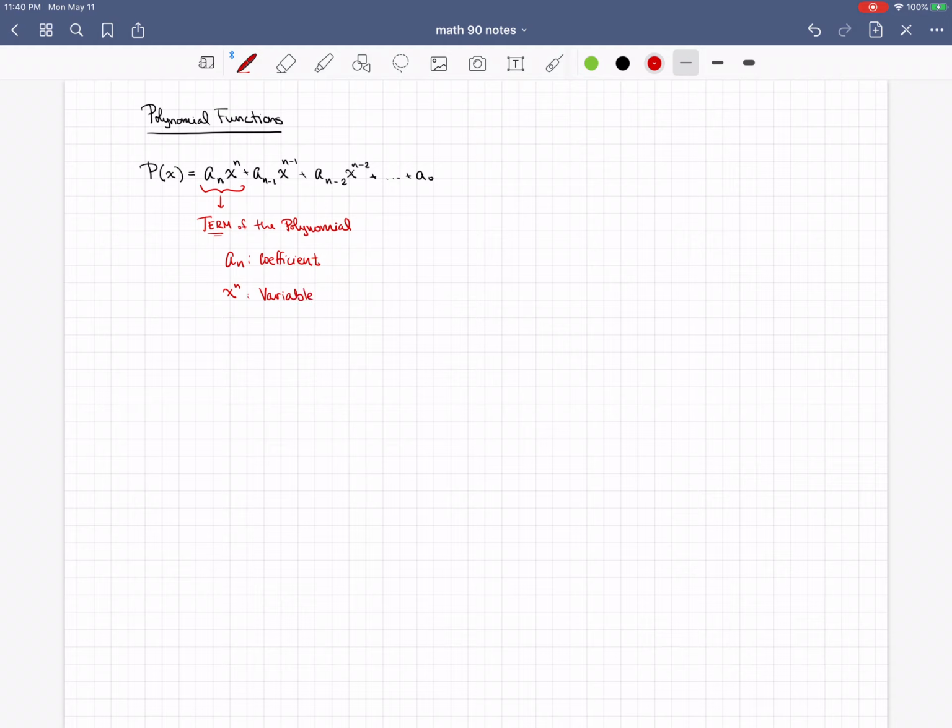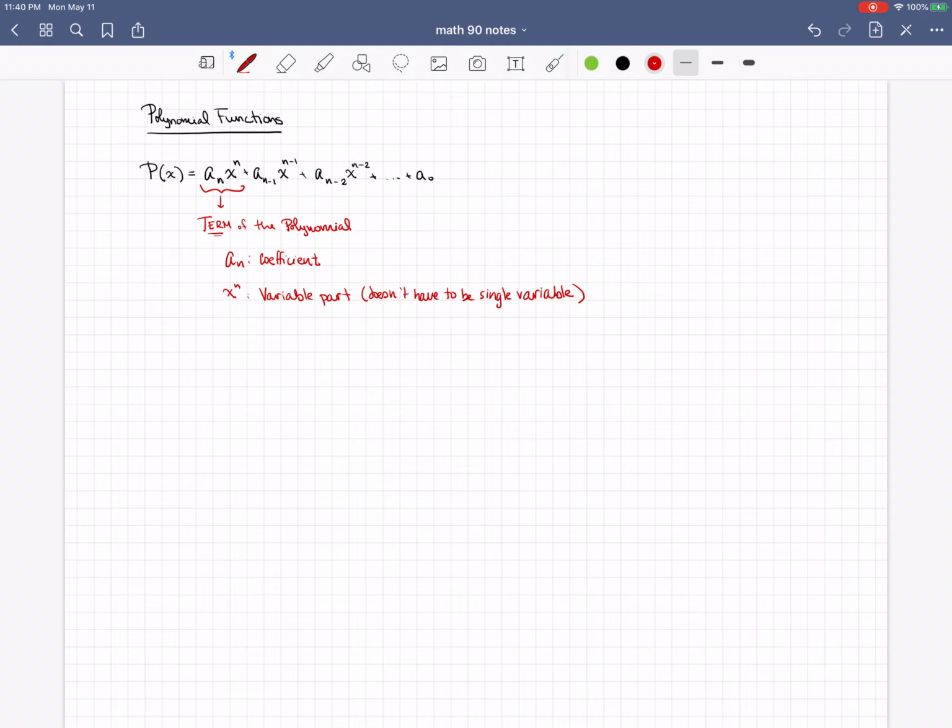Now I want you to be aware that it doesn't have to be a single variable. But for our purposes, since we're looking only at functions of one variable, all of our polynomials only have one variable in them.